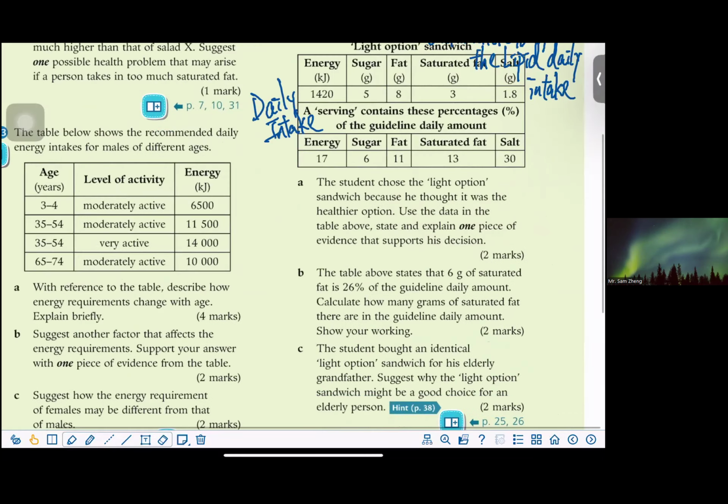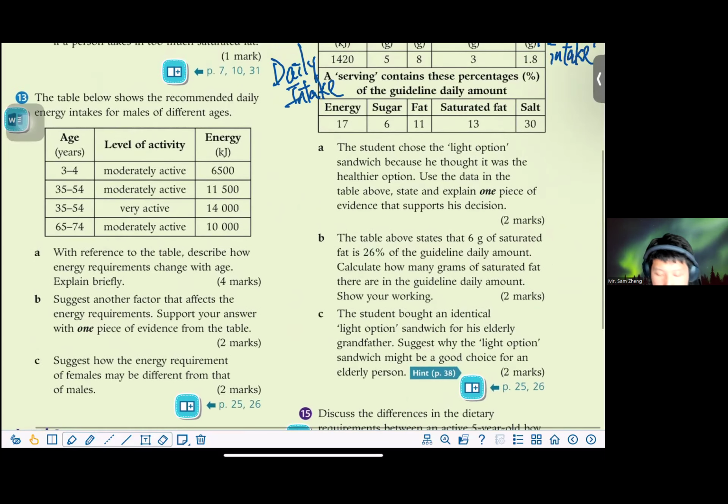Next, B. The above table stated that 6 grams of saturated fats is 26% of the guideline daily amount. So how many grams of saturated fats are there in the guideline daily amount? Show your workings. We notice that for 6 grams, the total amount is unknown.